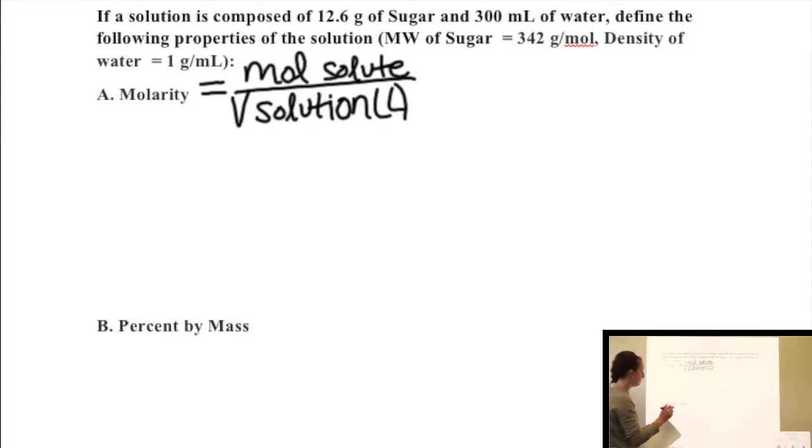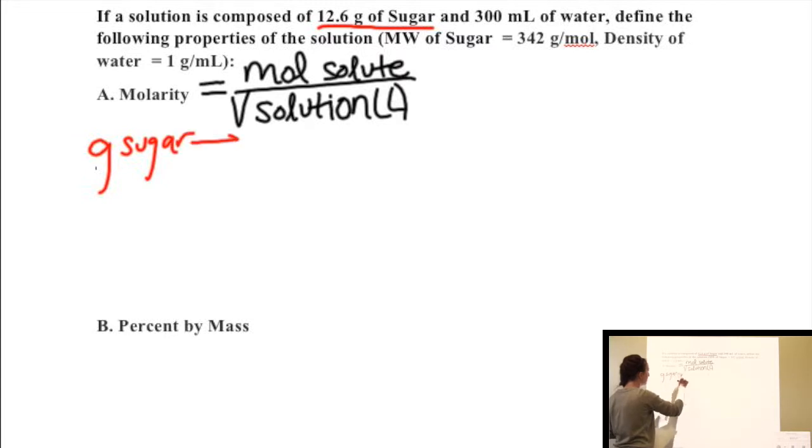So we already know that we have 12.6 grams of sugar. So the first thing we want to do is take our grams of sugar and convert to moles, since sugar is our solute. So the way we do that is simply by dividing by the molecular weight.